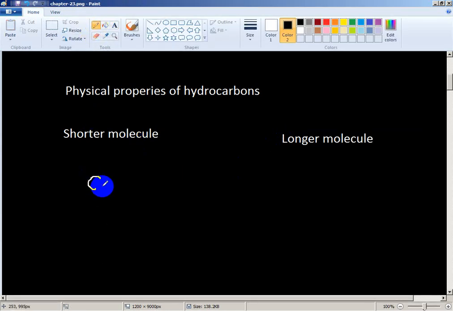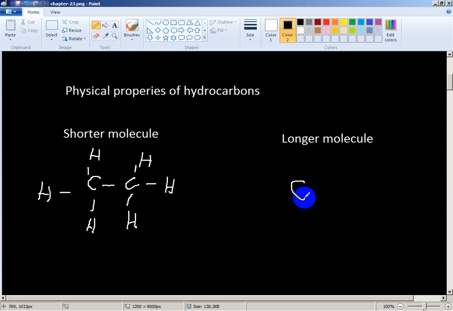Shorter molecules, like methane and ethane. I gave you one shorter molecule, this is ethane, the displayed formula. Longer chains, longer molecules look like this, with dots continuing.